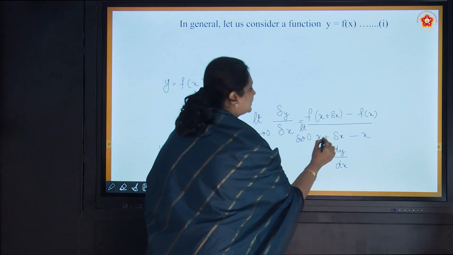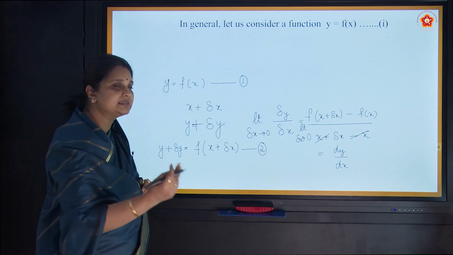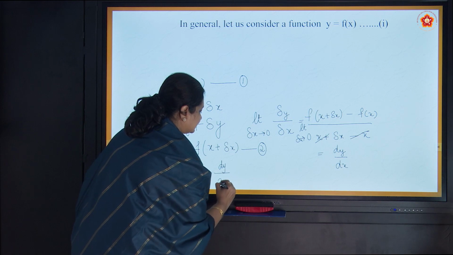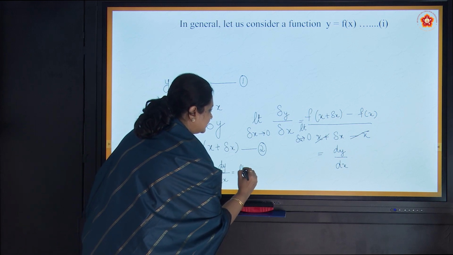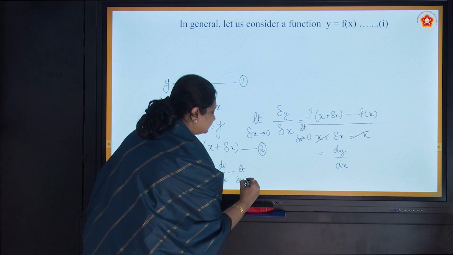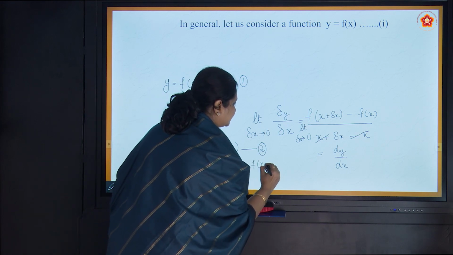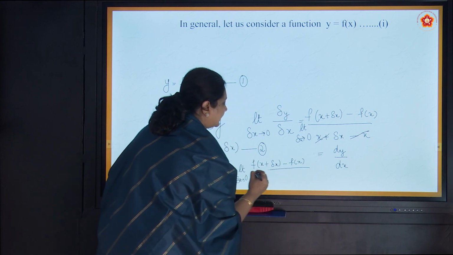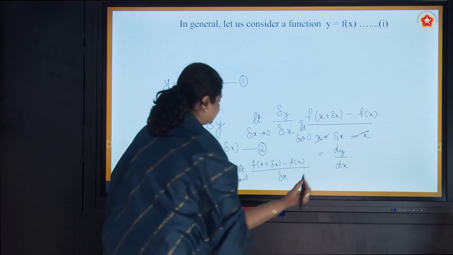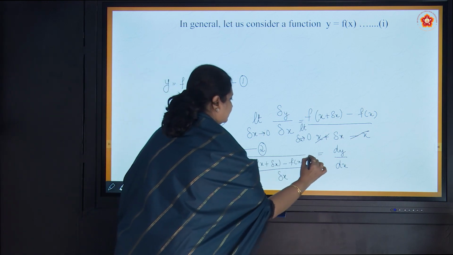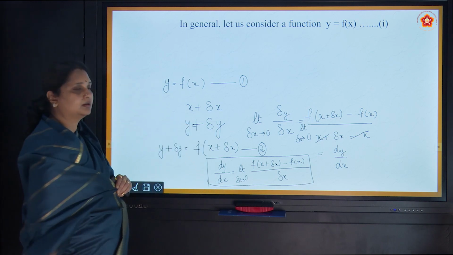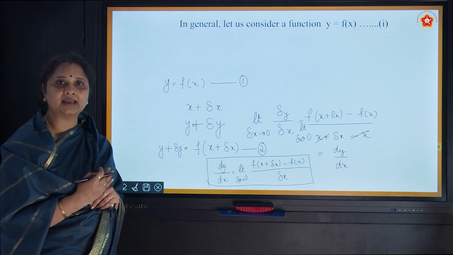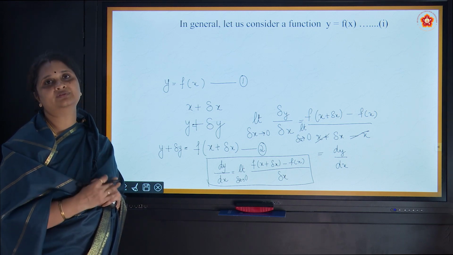I can cancel x and minus x here and simplify, and get the formula: dy by dx is going to be limit del x tends to 0, f of x plus del x minus f of x divided by del x. So this is the formula for differentiation. This is called the first principle of differentiation.